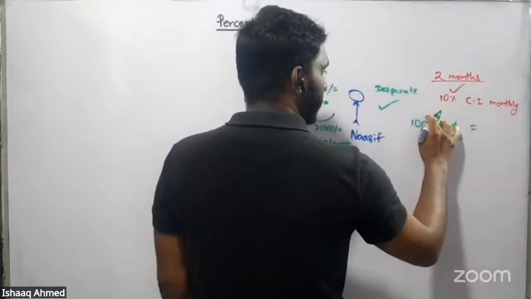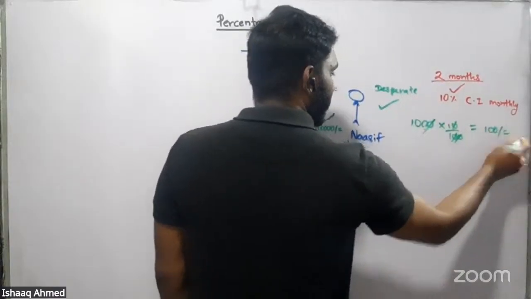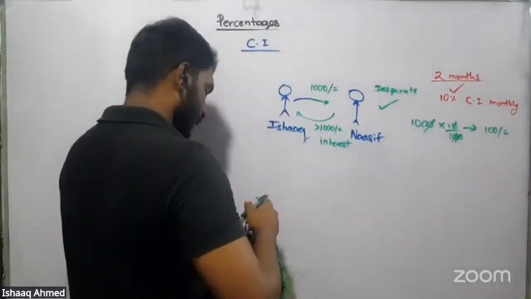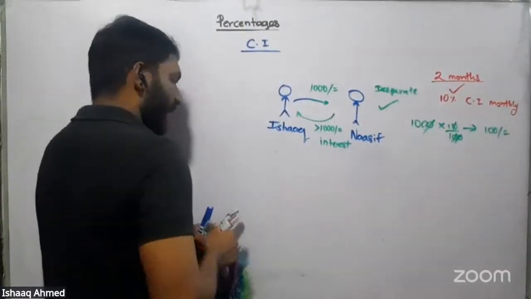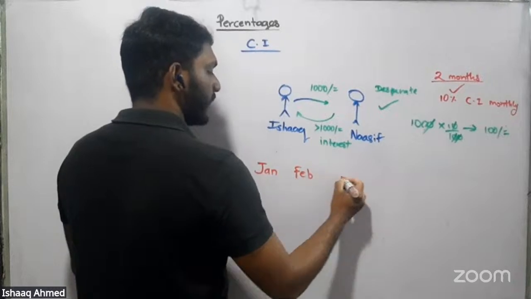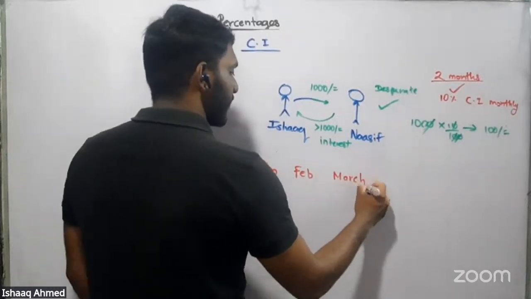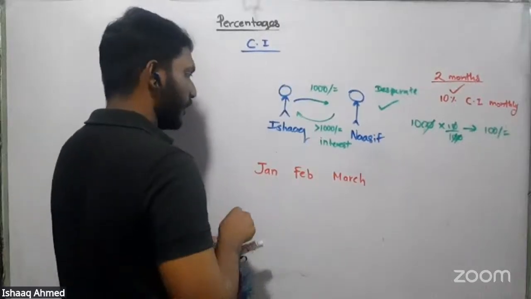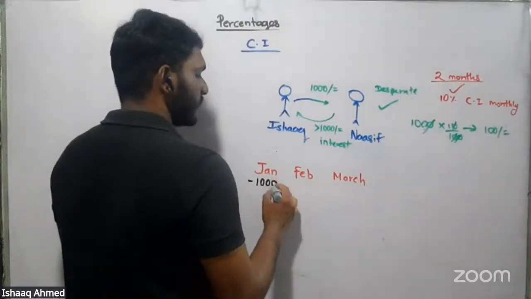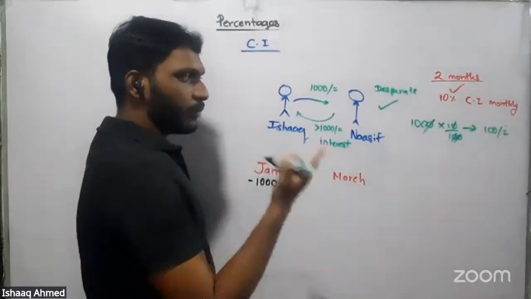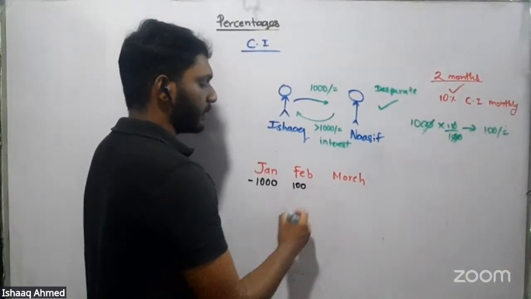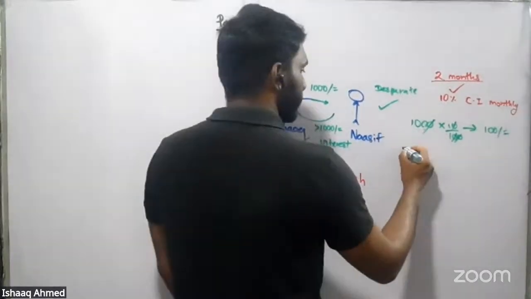It's the same 100. So Nasif borrows the money in January, and says he'll pay it back in March. He's borrowing 1,000. So first month, 1,000's 10% is 100.